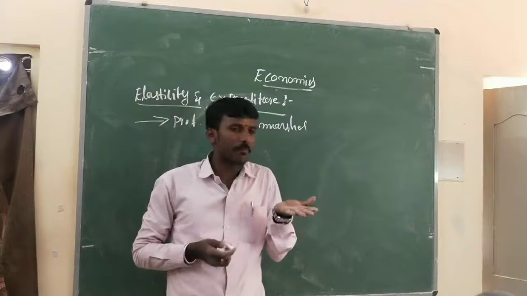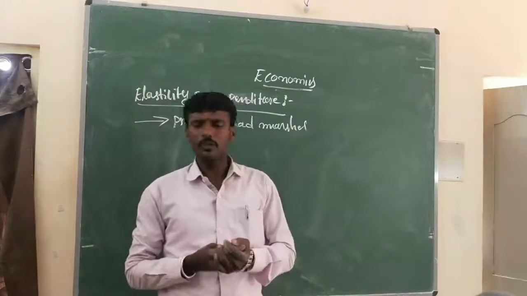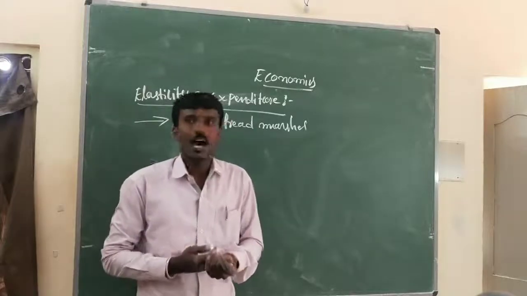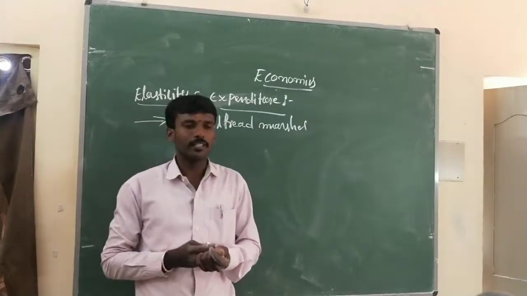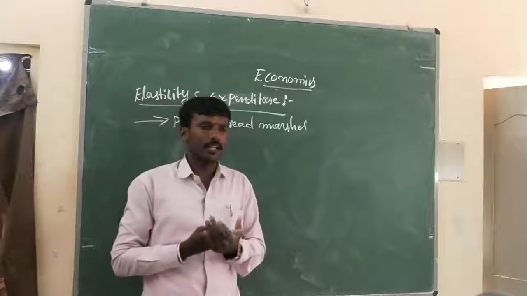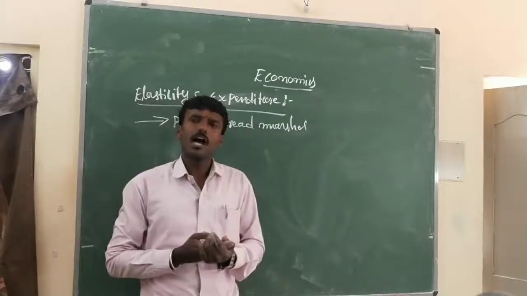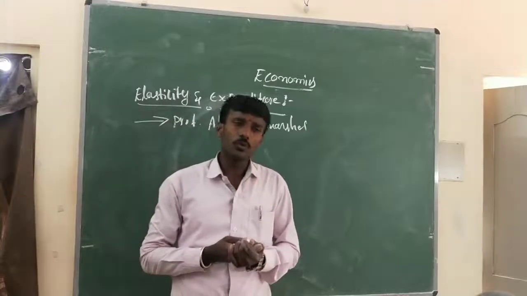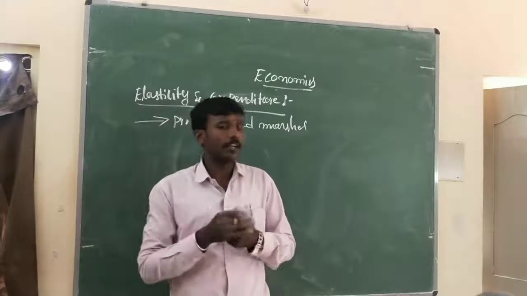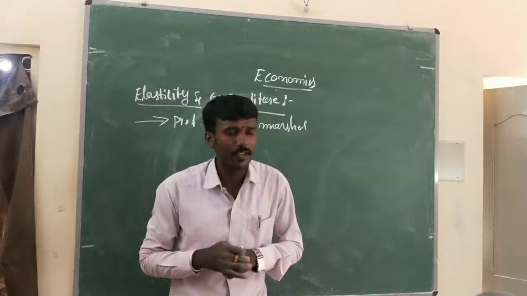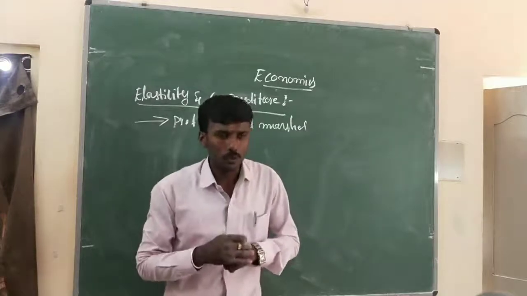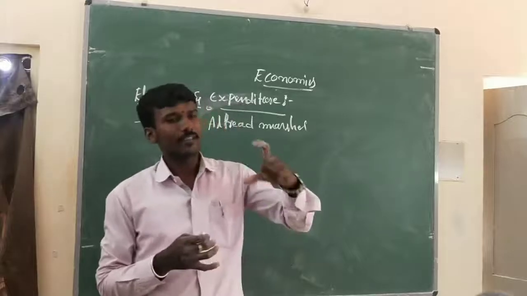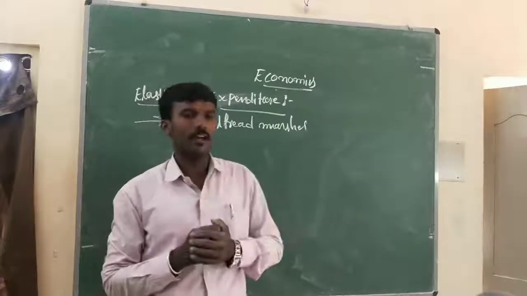And finally we know the total expenditure: we obtain it by multiplying the price of the goods and the quantity of goods.